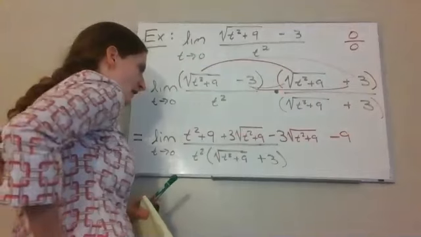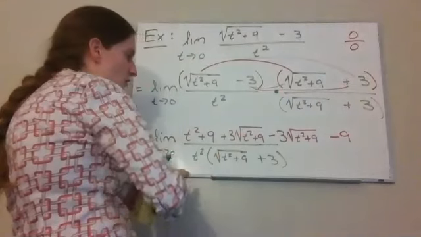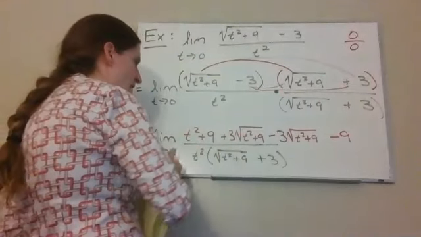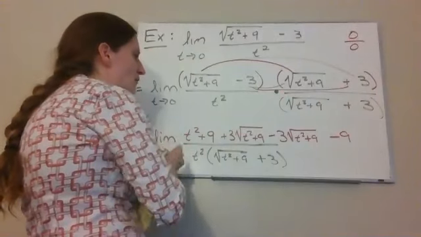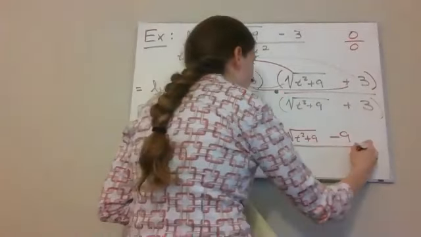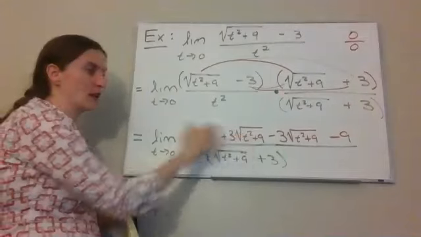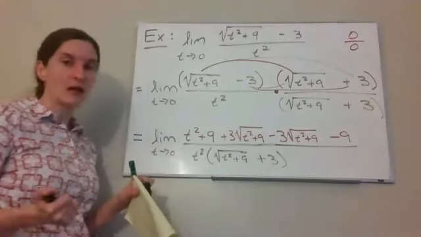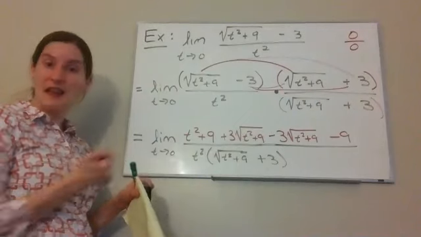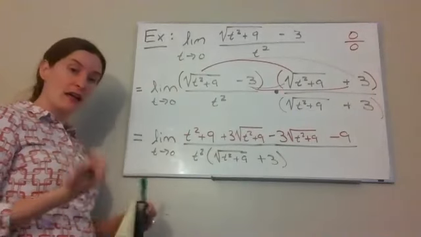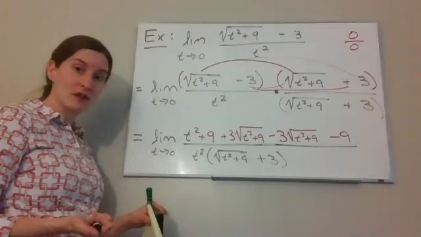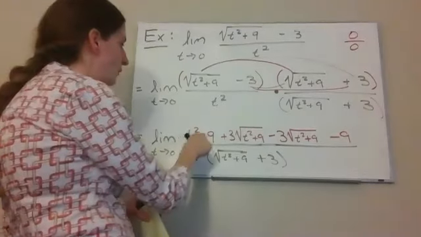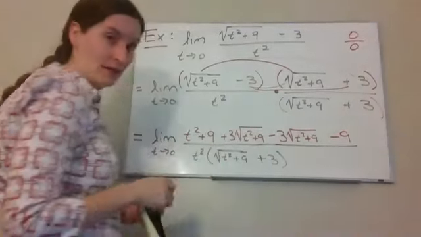And now you can see a little bit of the magic of multiplying by the conjugate. Notice what happens to those middle terms there. I have a positive 3 square root of t squared plus 9 and a minus 3 square root of t squared plus 9. So they subtract away to 0, and I won't have any square roots left on the top. I'm just going to have t squared plus 9 minus 9.